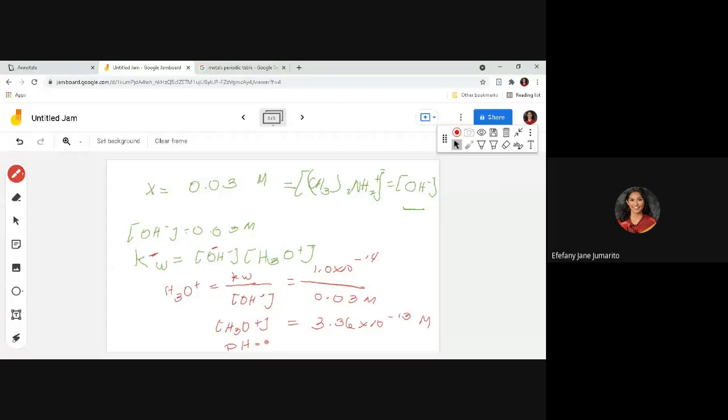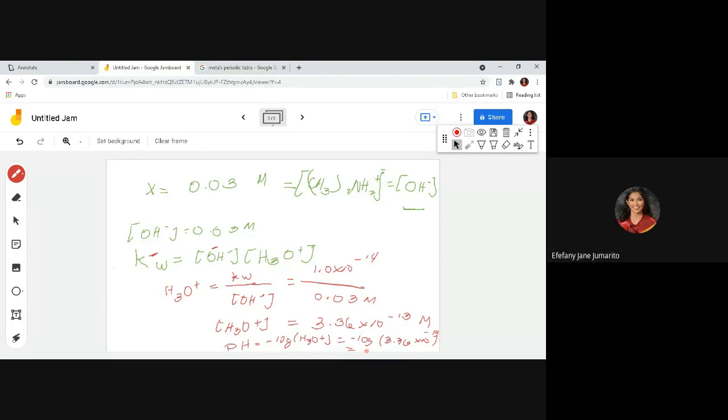Now we can solve the pH. pH is equal to negative log of H3O plus, so that is equal to negative log of 3.36 times 10 to the negative 13. Now, pH is equal to negative log, compute it class: 12.48.